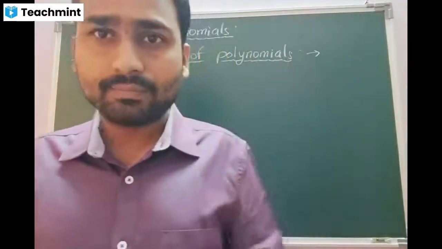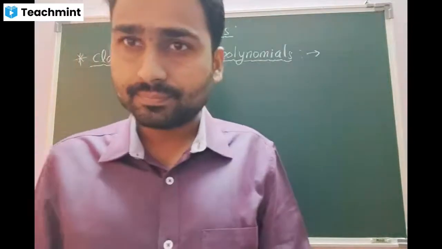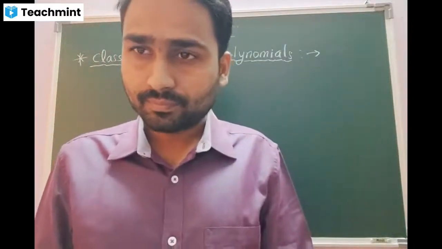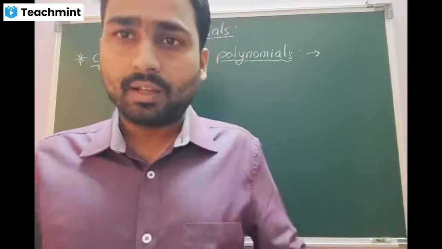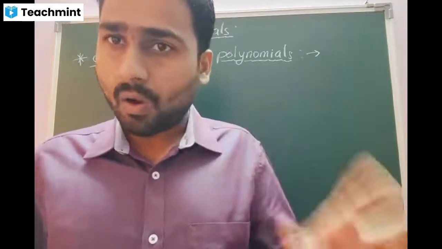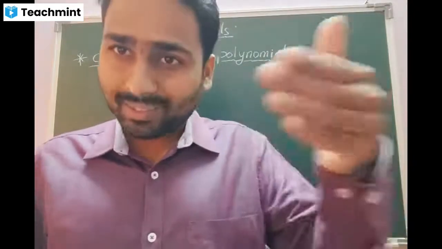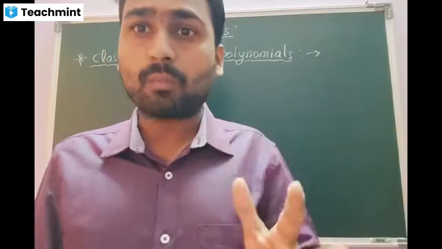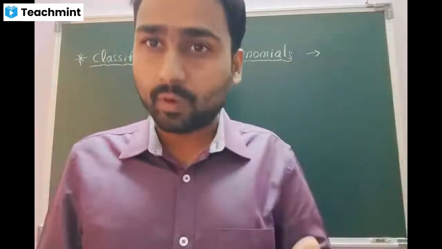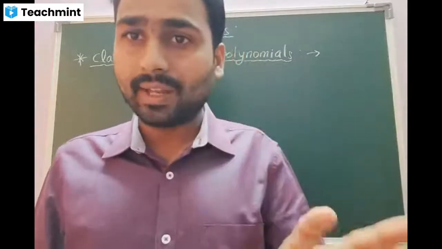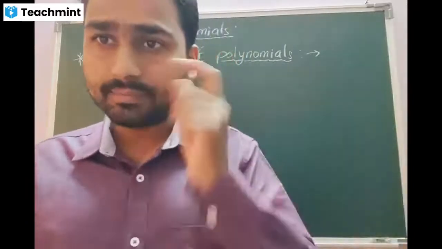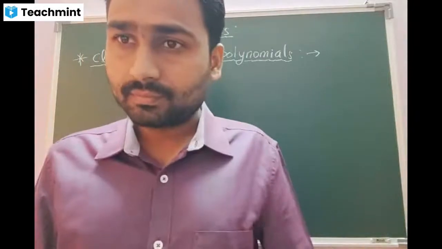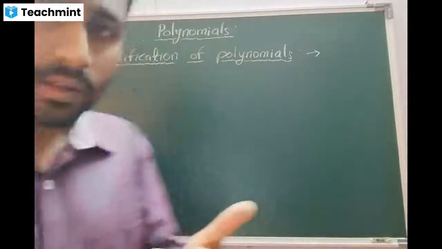Now, based on the number of terms, what are the types of polynomials? And based on the degree of a polynomial, what are the types of polynomials? We will discuss in detail one by one. Is that clear? Okay, sir.